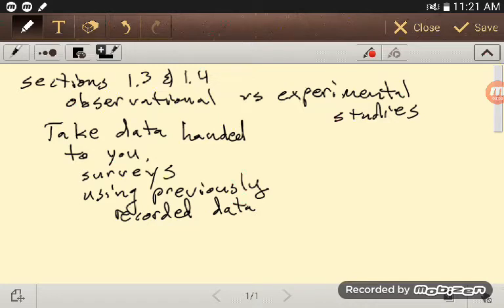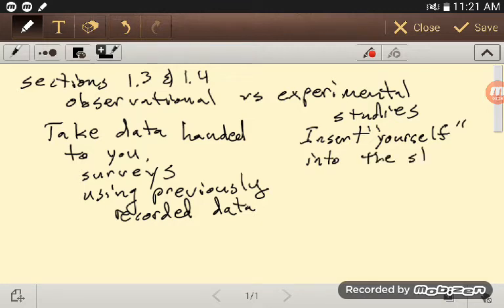It's not an experiment. An experiment, pretty much you insert yourself, and yourself really is in double quotes, into the study. Now, how would you do that?